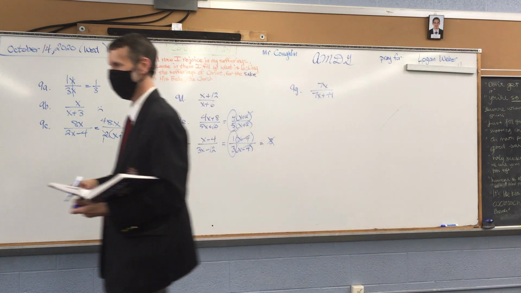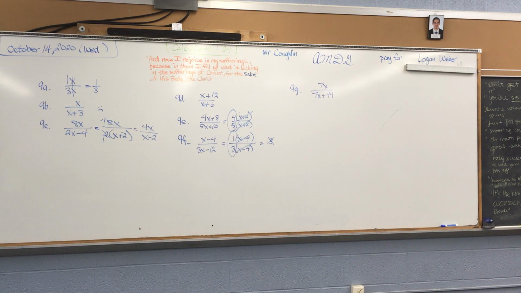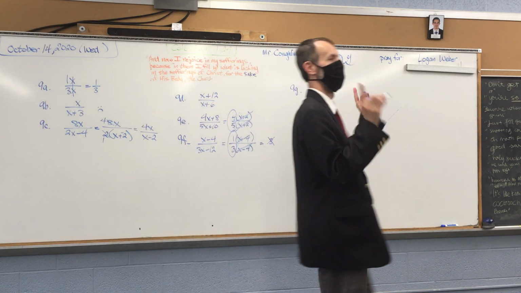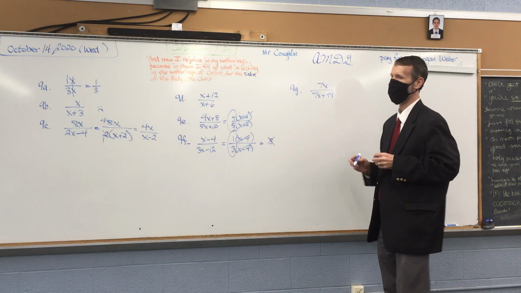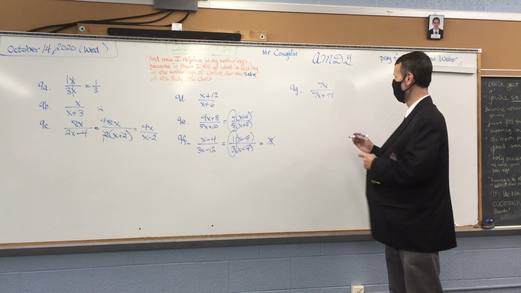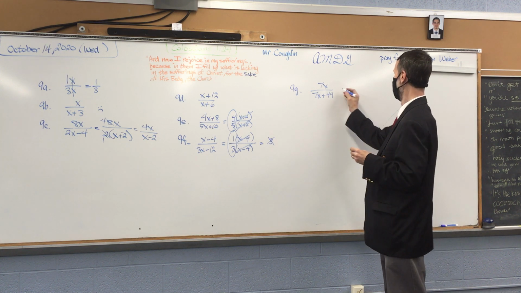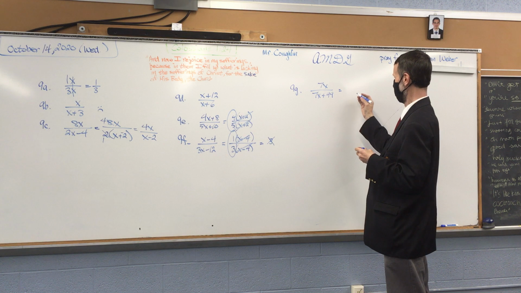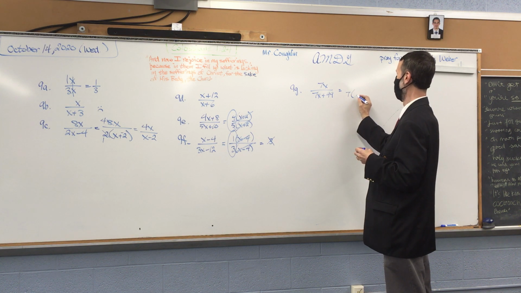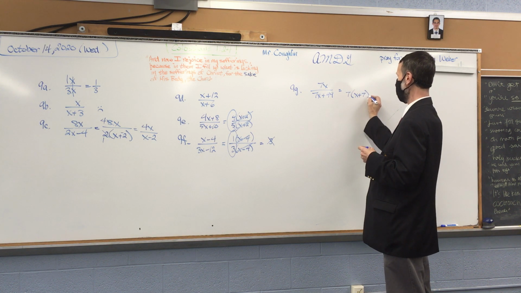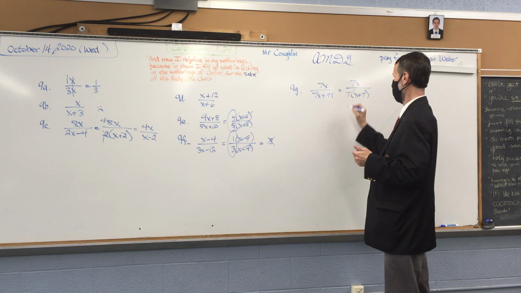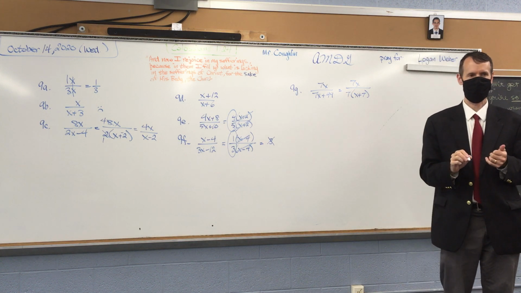Cece, take this one. Well, you can't cancel the 7x, because there's a plus sign in the way. So we can pull out a GCF of 7 on the bottom. What's left behind? x plus 7. Does anything cancel?